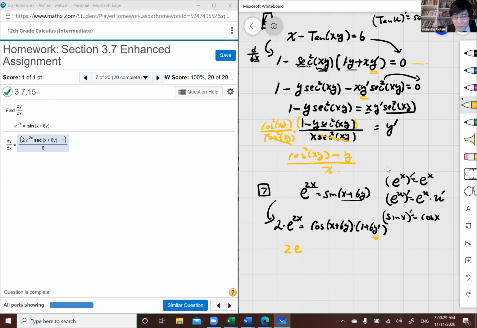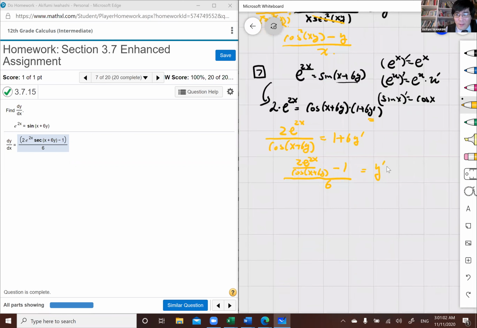So you want to get 2e to the power of 2x divided by cosine of x plus 6y, then it's going to be 1 plus 6y dash. Now subtract 1 and divide by 6, you're going to get y dash. So 2e squared over cosine x plus 6y, minus 1, divided by 6. And that's going to be the answer.